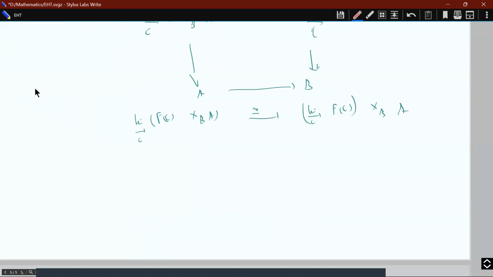Okay, so an important lemma. If Z is a locally Cartesian closed infinity category with finite limits, then colimits in Z are universal.